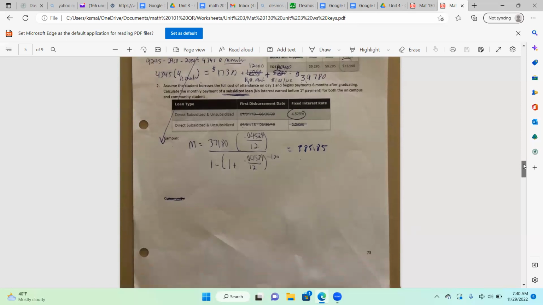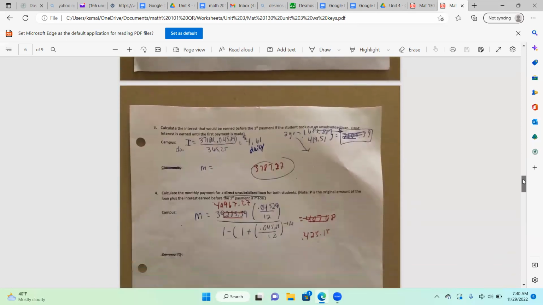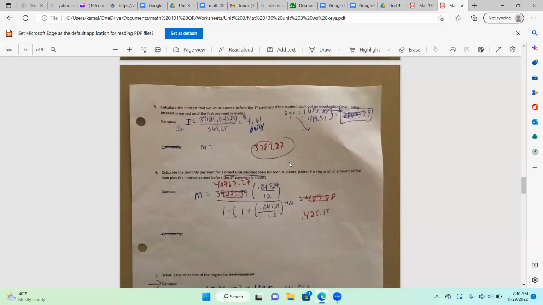I just wanted you to get practice with that formula. Then if we calculated the interest that would be earned before first payment, it would be what he's borrowing times the interest rate divided by the number of days. So they're paying about $4.61 per day in interest.